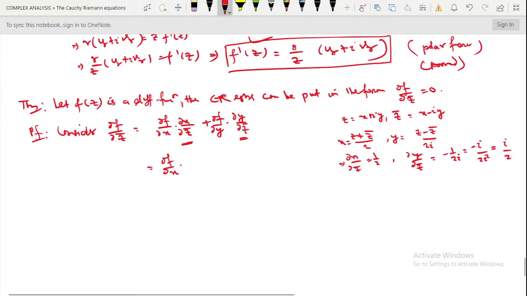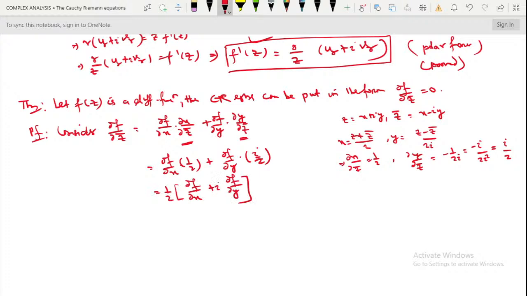Okay, so del f by del x times half plus del f by del y times i by 2. If I take half common, this is half of del f by del x plus i times del f by del y. And now we know the complex form of CR equations, which is fx equal to minus i times fy.